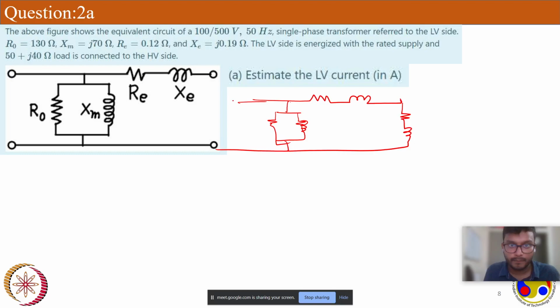Now we are giving 100 volts RMS here, and we were asked to find the current here, that is I1. Now what are the values?